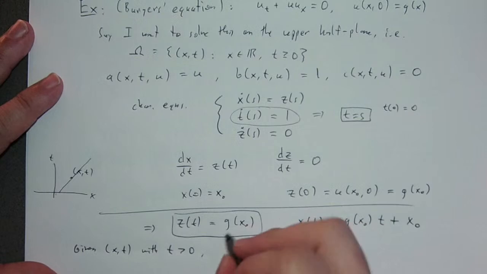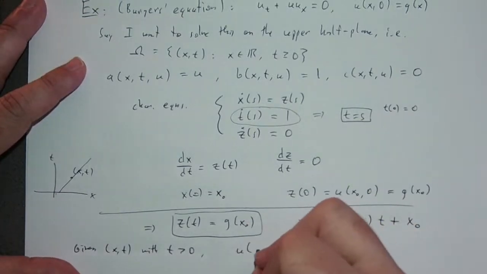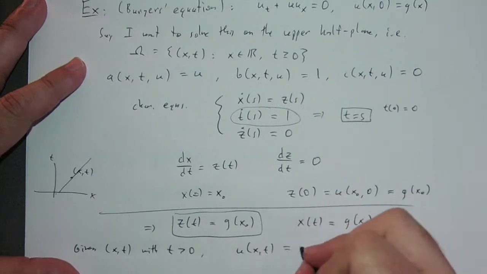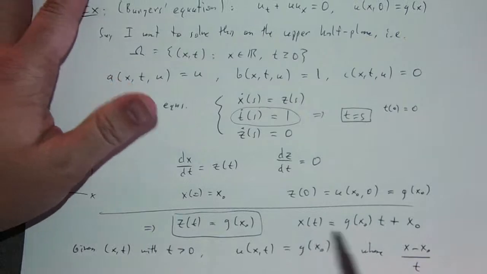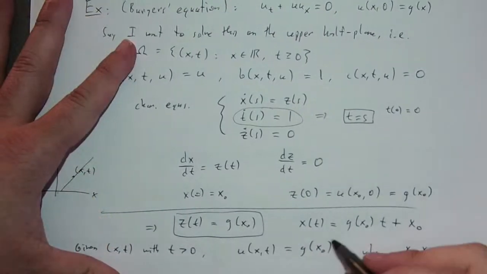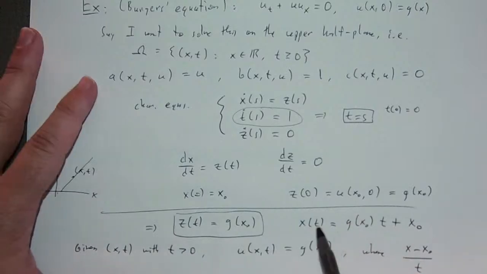So what do I know? I know that u of x of t is equal to g of x naught, where (x minus x naught) over t, this is solving here, right? x minus x naught, right? Normally, what would I do here in my characteristic process?